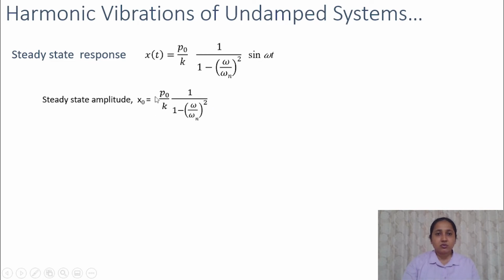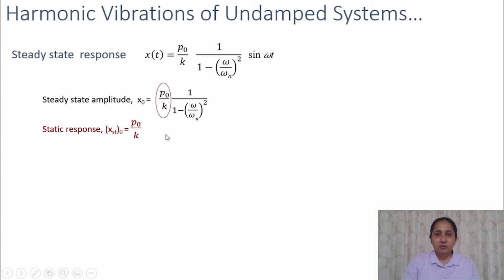If you look at this term, P0 by K is equivalent to the static response. That means if the force acting on the system was a constant force, say P0, the response of that system would be P0 by the stiffness of the system, that is P0 by K. That will be the static deflection of that system.